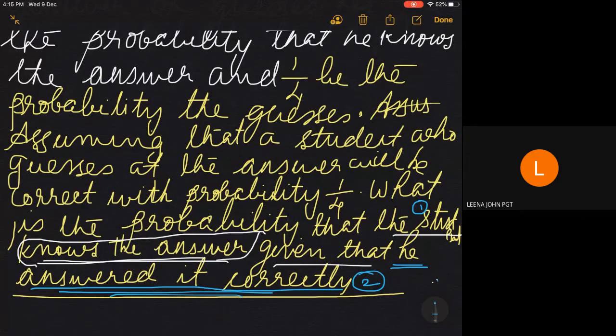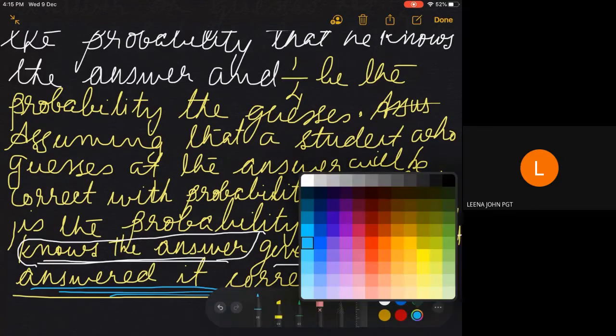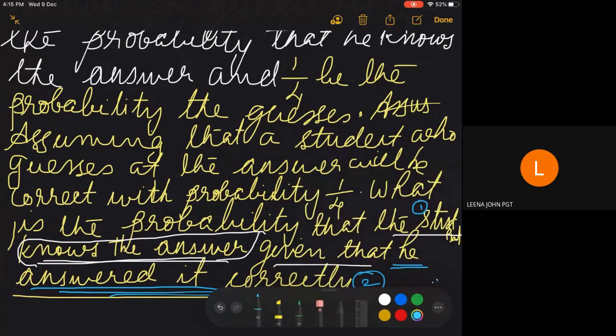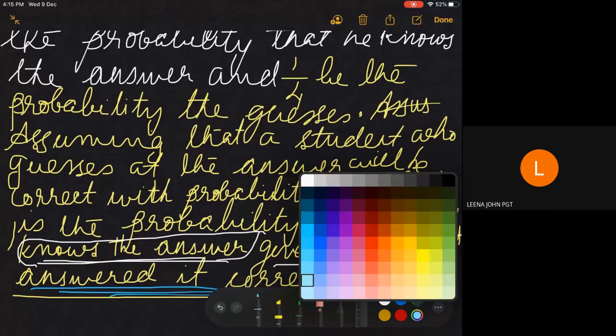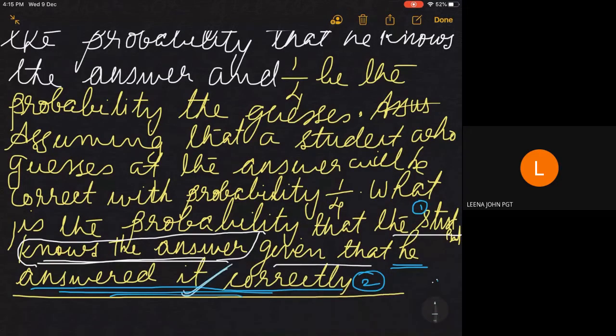And after given that, that means the condition, the condition is happening at a later stage. The condition happens at a later stage, and you have to find out the probability of an event that the student knows the answer.